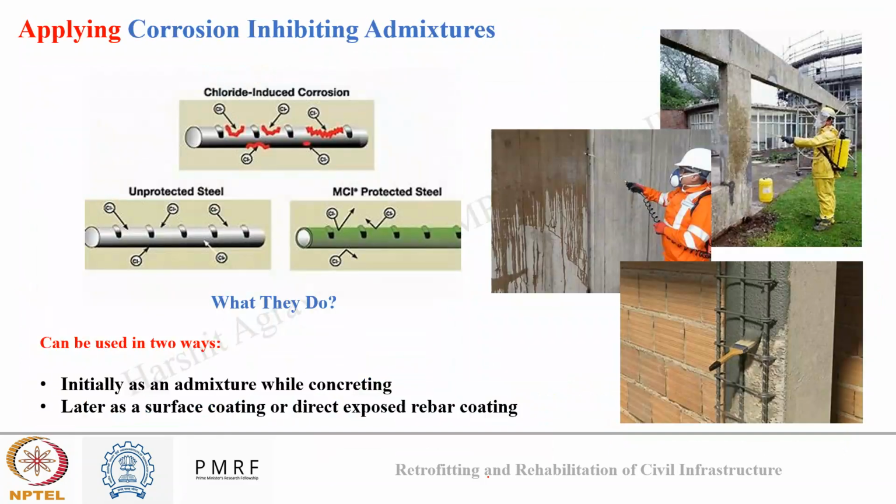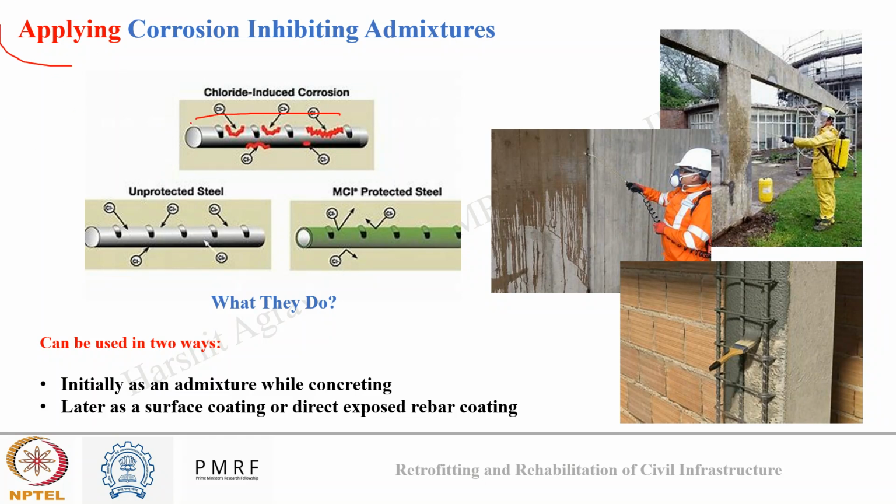Apart from this, another way to control corrosion damage is by using corrosion inhibitors. As per the technical definition, a corrosion inhibitor is a chemical which, when added into concrete at a specific dosage, can reduce the rate of corrosion. How do these chemicals reduce the rate of corrosion? Either by promoting passivation, which are known as passivators, or by forming a film over the reinforcement, which are known as film formers.